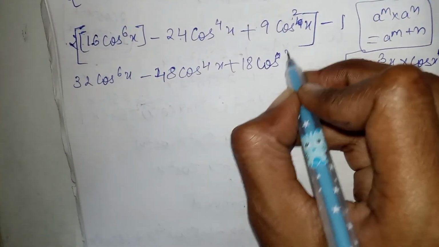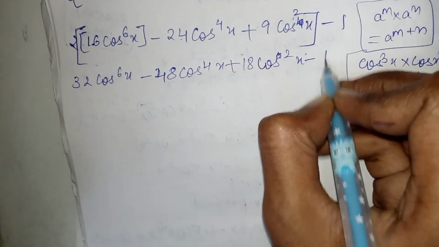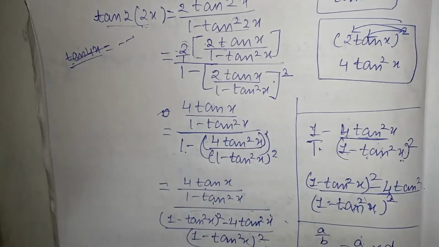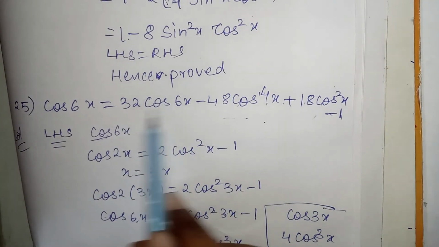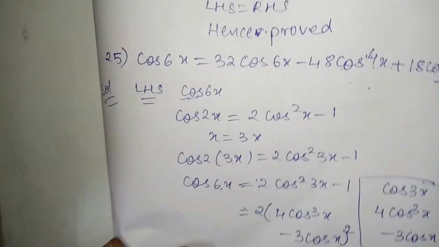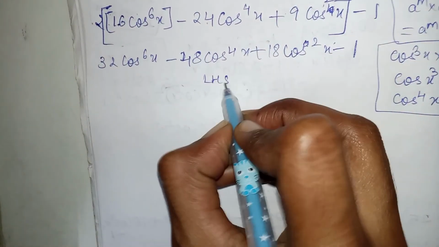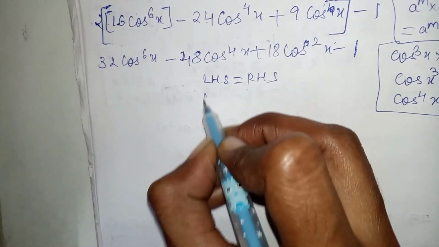Cos square x minus 1. So what they asked in the question is, yes, they have said to prove like this. So we got it right. Left hand side is equal to right hand side, you have to prove. We have proved. Left hand side is equal to right hand side, hence proved.